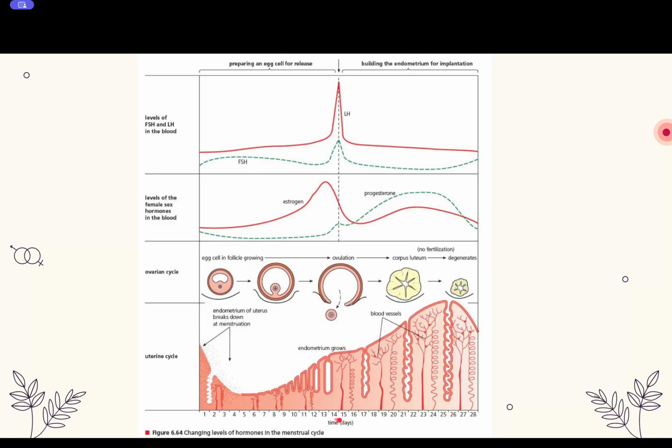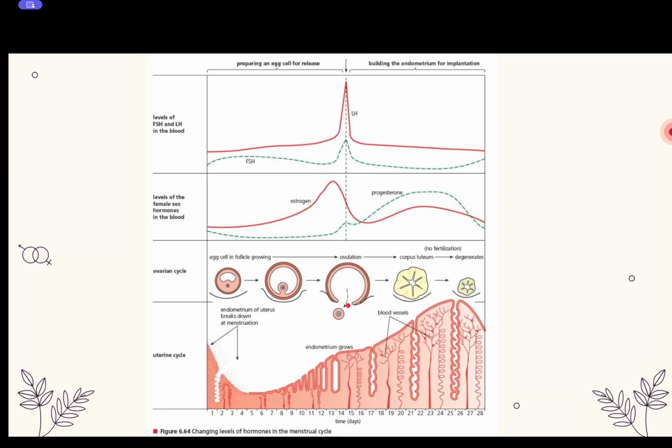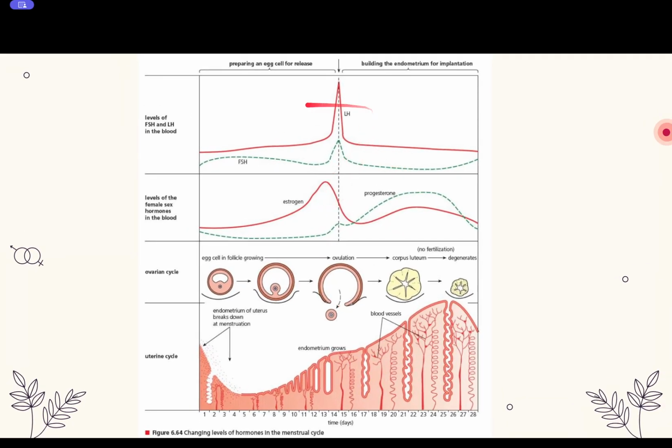Now this day basically means that when LH reaches its peak, that's when the egg leaves the follicle, and the entire thing that happens is that the LH stimulates the completion of meiosis in the egg. Now, we don't need to know about the meiosis, except if you're HL.